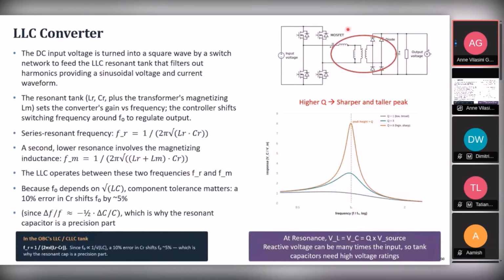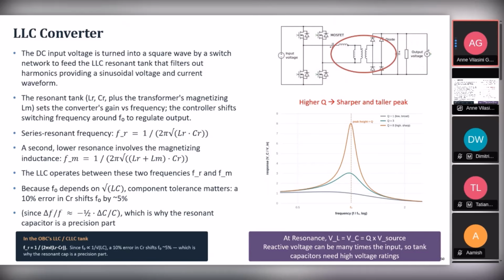So this is an LLC converter. Here you can see the resonant tank. The square wave on the left is feeding the resonant tank, and the tank does something different. It is going to filter out the harmonics, and it hands over a clean sinusoidal voltage.